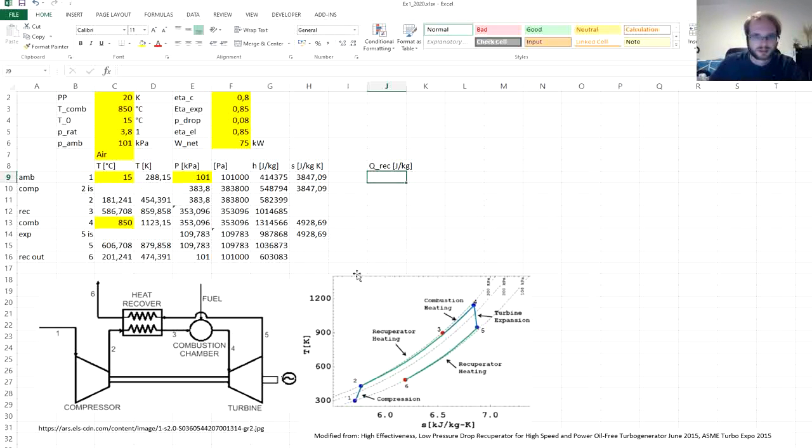And between the point 3 and 2 is the difference in enthalpies. For the isobaric and these quasi-isobaric processes, the transferred heat is difference in enthalpies, same as for the adiabatic processes, the work is difference in enthalpies. So you can see that the enthalpy is really very useful variable, very useful property.